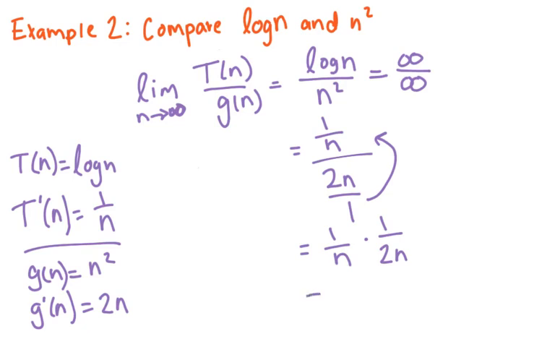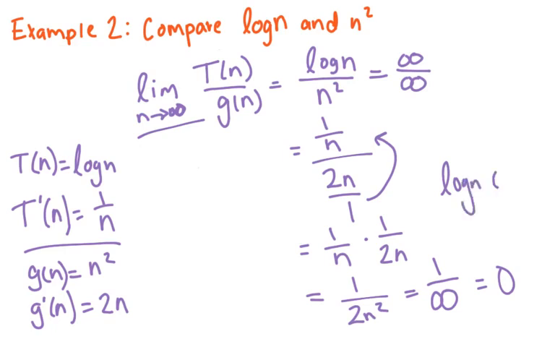And now you have 1 over 2n squared, which is going to be 1 over a really, really big number when you plug in infinity, right? Which is going to be 0. So you get the conclusion that log n is in big O of n squared, which totally is. It completely is.